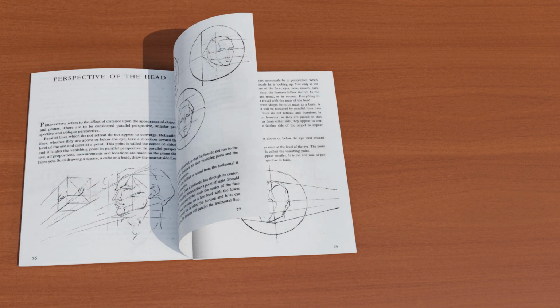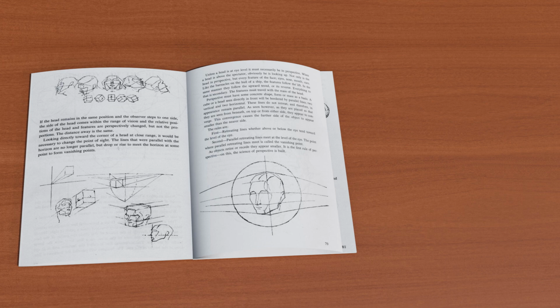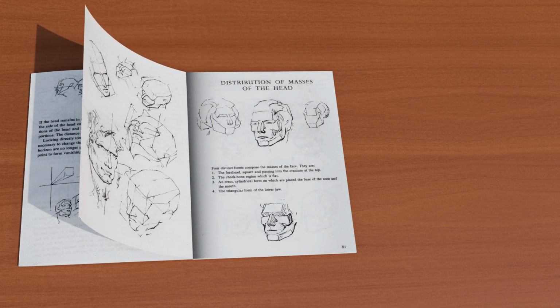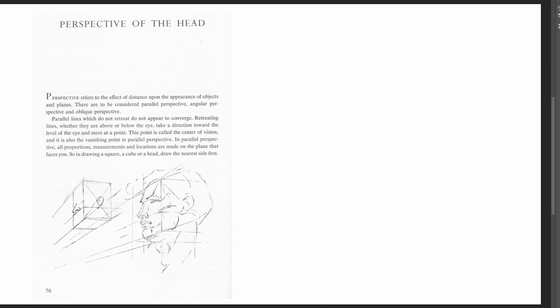Section 3 is Bridgman's method for drawing the head in perspective. Bridgman starts this chapter with the cube form again, what we saw in the first section of this video. And he alludes to something important here at the very last sentence of this paragraph.